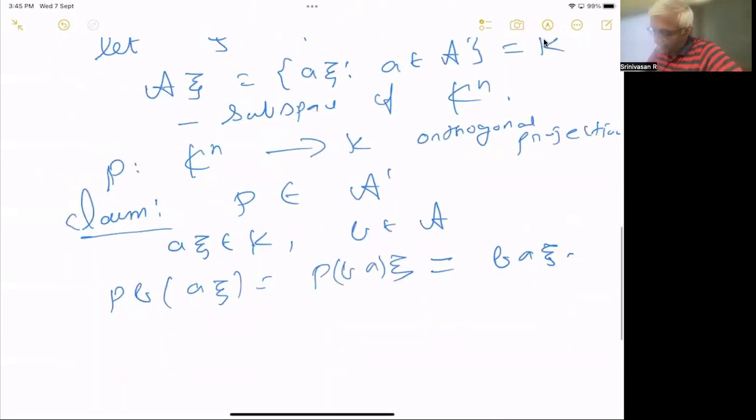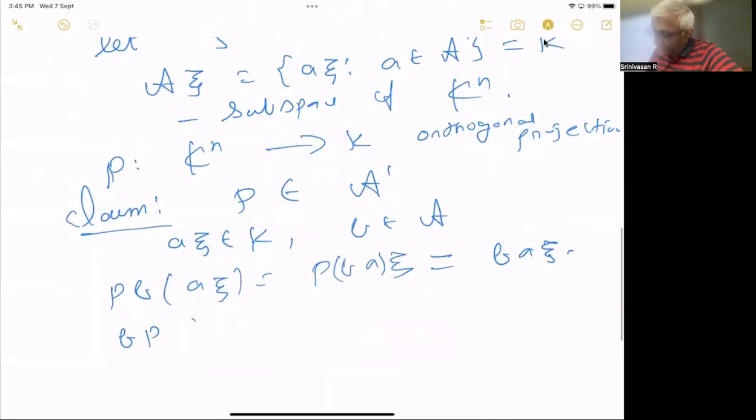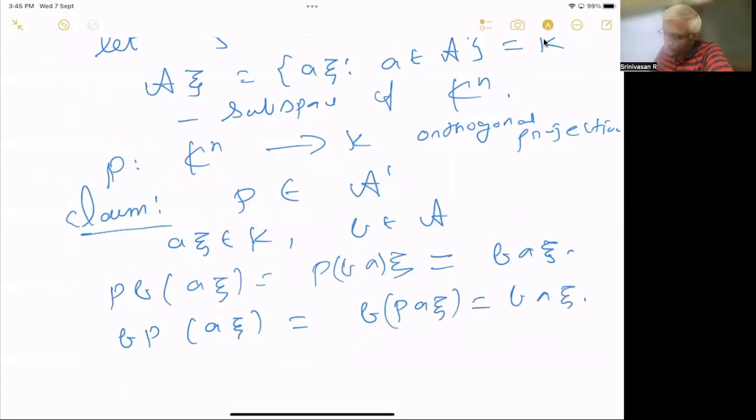On the other hand, B P A xi: but P A xi is A xi, which is again P A xi. This implies PB equals BP on K, right?